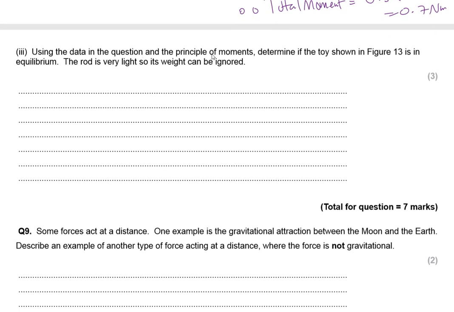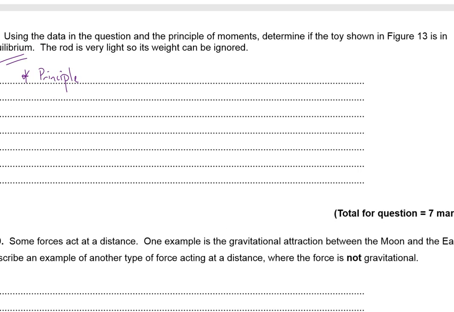Question says, is it in equilibrium? First of all, we need to remember the principle of moments. I'm going to zoom in now. Okay, let me try to zoom in again.